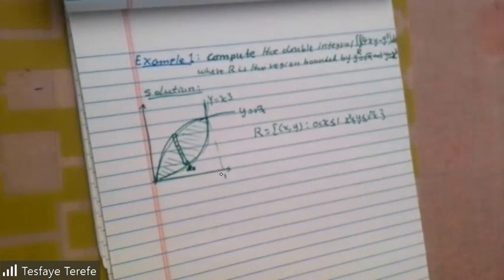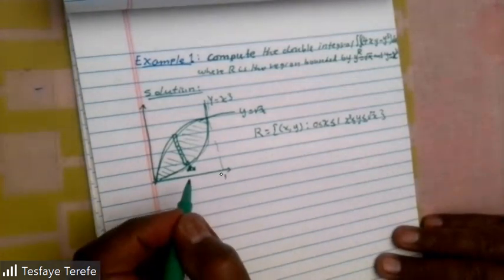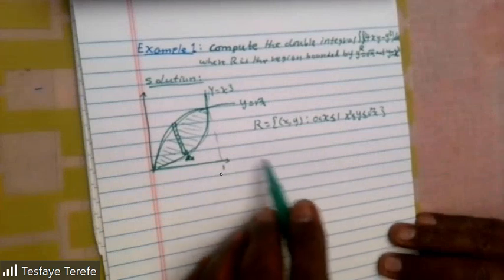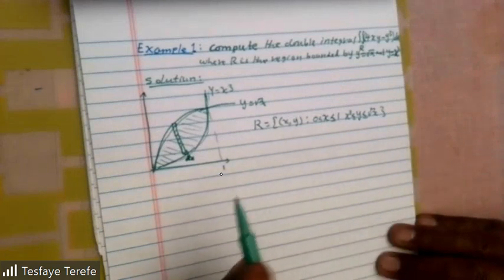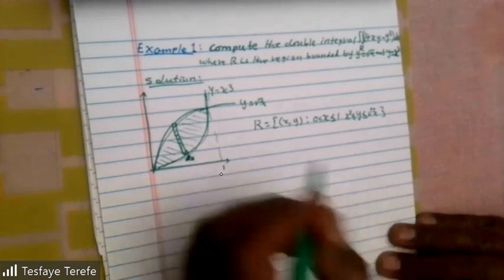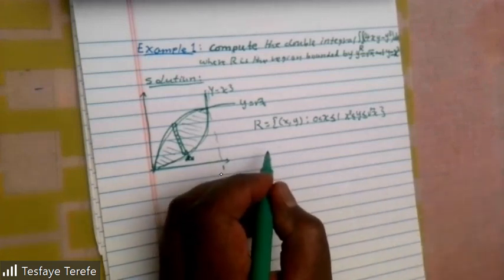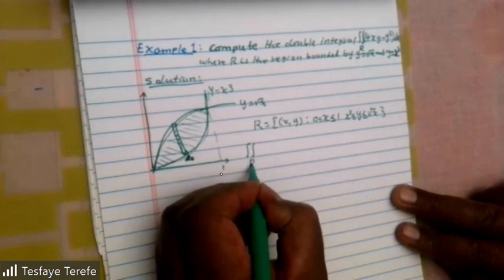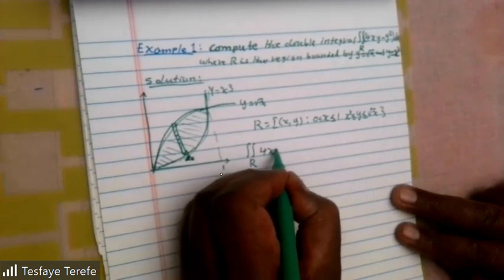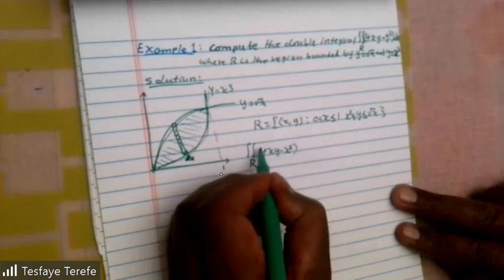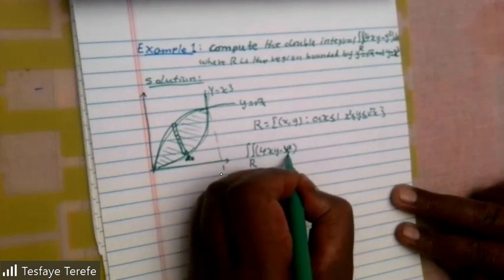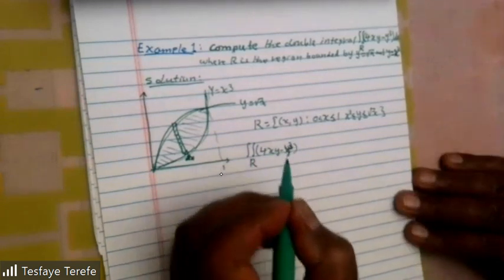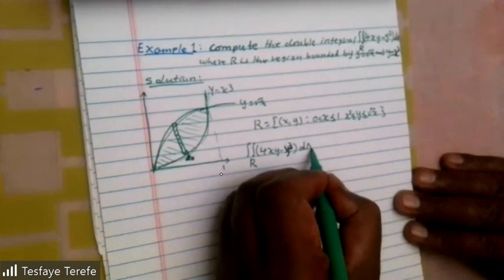Now we have to set up the integral based on this. This is really the important aspect. As long as you write this one, you will be fine. All right, the integral over the region R of xy minus y cubed dA.